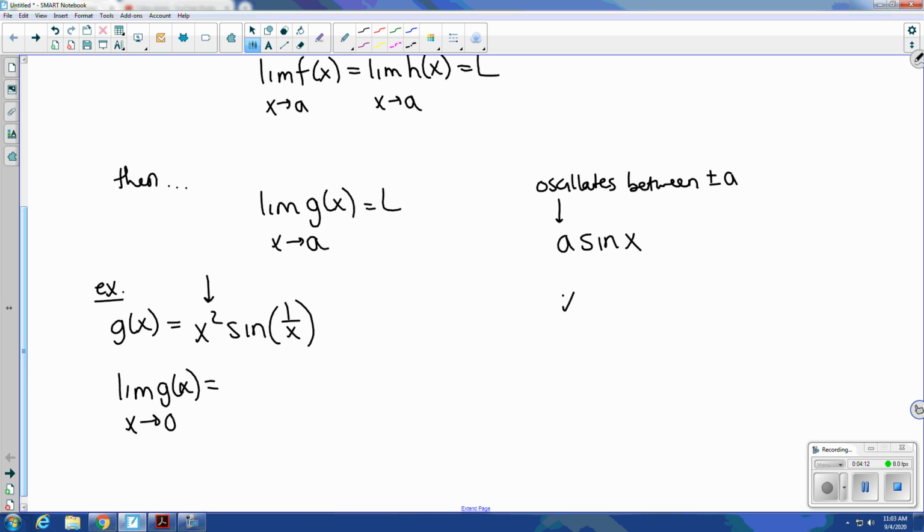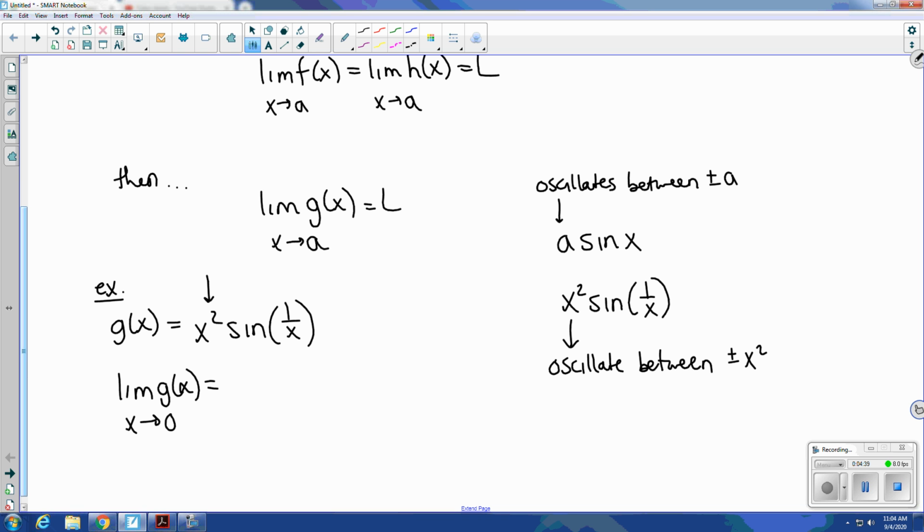So when I see x squared sine of 1 over x, I recognize that this sine of 1 over x should oscillate between plus or minus x squared. Again, we learned in pre-calc how to identify amplitude, but amplitude is not constrained to just a constant number. We can actually oscillate between functions.